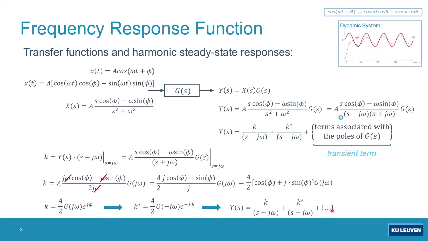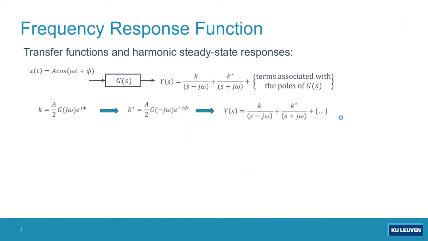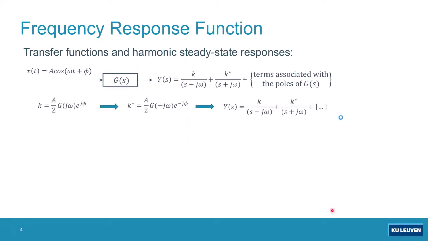Okay, so this is the response in a steady state condition. If we go back to this response, I have already identified k and k star, and this will be the steady state response in the Laplace domain, of course.